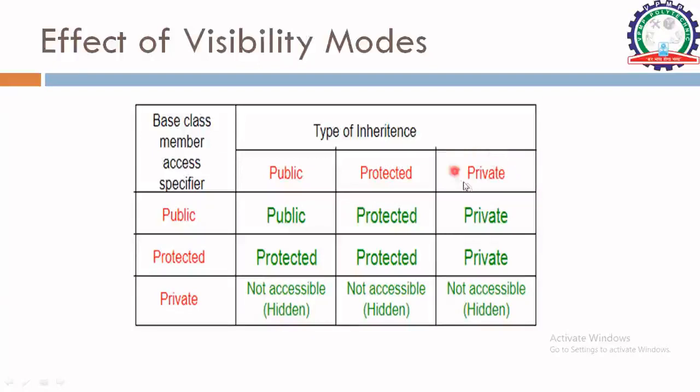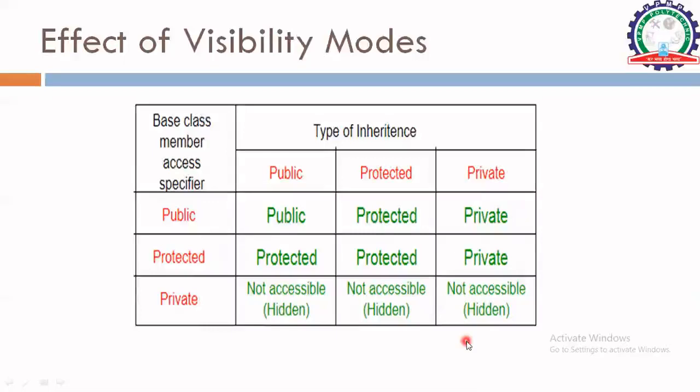That means if we are deriving a new class privately from the existing class, then all the members from the public as well as protected section will become private members of that derived class. And again, we can see that private members of the base class are never accessible in a derived class in any way. So they will remain hidden. So this is the effect of visibility modes, private, public and protected, in the base class.